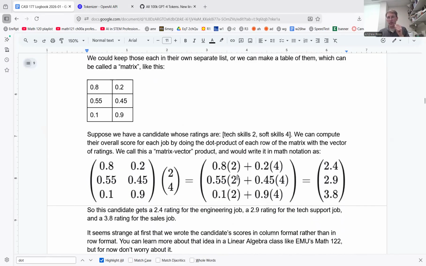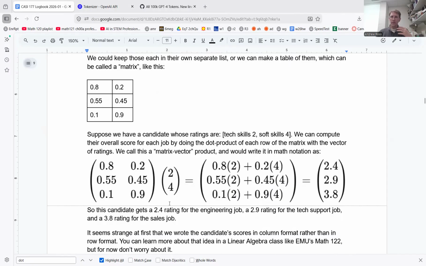And then this shows the computation of 0.8 times 2 plus 0.2 times 4 gives us 2.4. Next row, 0.55 times 2 plus 0.45 times 4 equals 2.9. 0.1 times 2 plus 0.9 times 4 gives us 3.8. So this candidate gets a 2.4 rating for the engineering job, a 2.9 rating for the tech support job, and a 3.8 rating for the sales job.